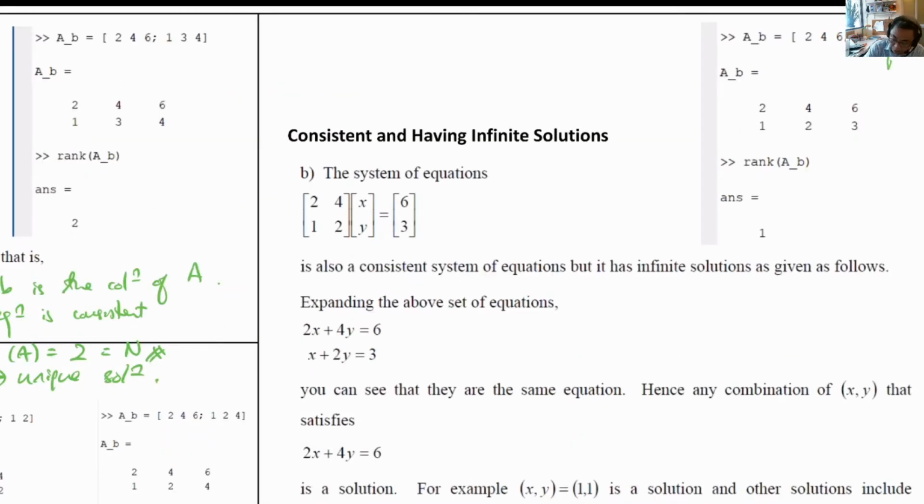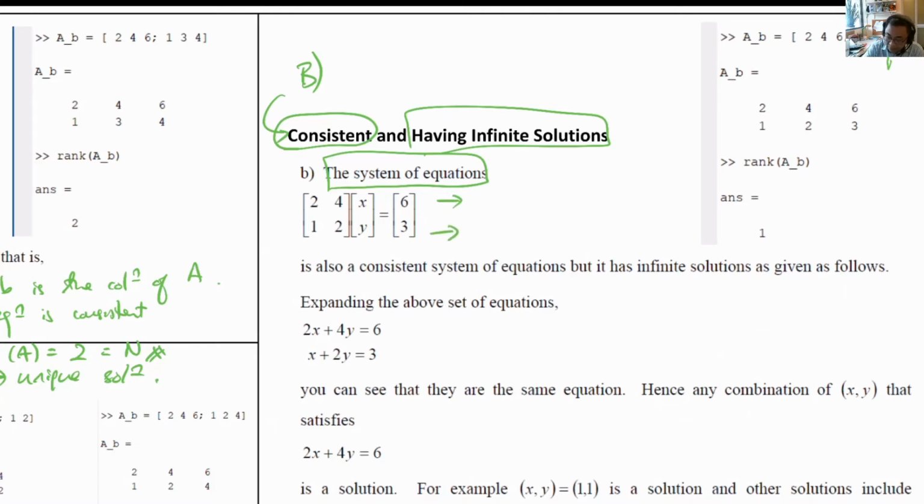We now explore the second example, where the system of equation is consistent but has infinite solution. Again, we'll take a brute force approach and plot the first equation as well as the second equation. Let us again use the first equation in red, implying is 2x plus 4y is equals to 6, allowing us to reduce to 4y equals to 6 minus 2x.